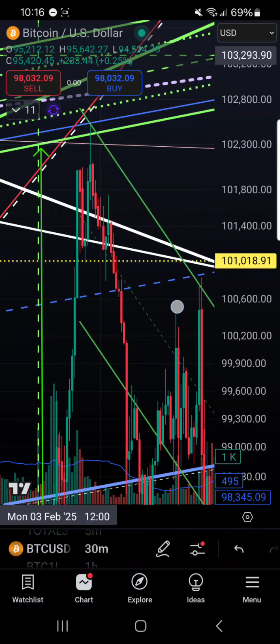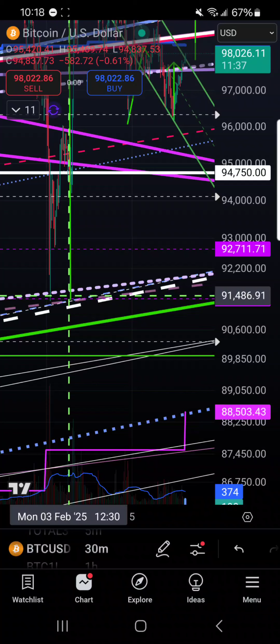I think that flush out down to 91.1 came a little bit early. I think they meant to do it closer to Friday so that we can pump Friday.